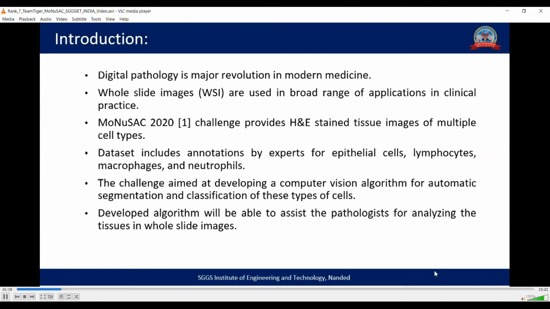The dataset includes annotations by experts for epithelial cells, lymphocytes, macrophages, and neutrophils. The challenge aimed at developing a computer vision algorithm for automatic segmentation and classification of these types of cells. In this era of technology, the developed algorithm will be an important tool that can assist the pathologist in analyzing whole slide images.